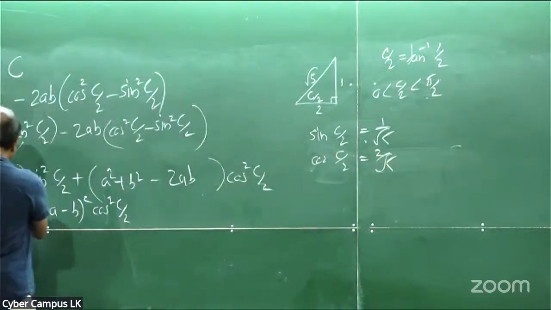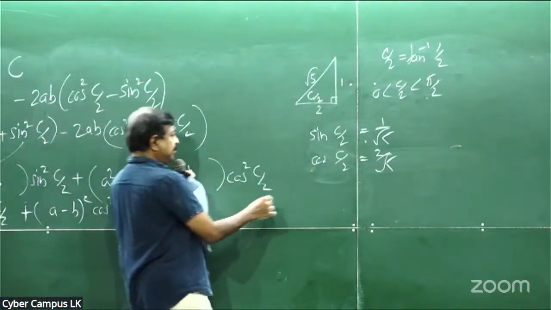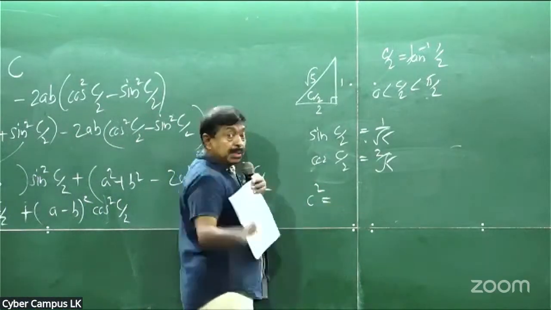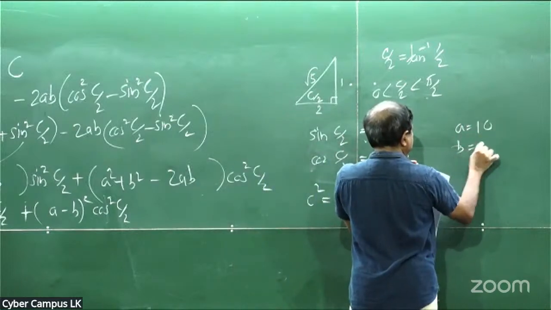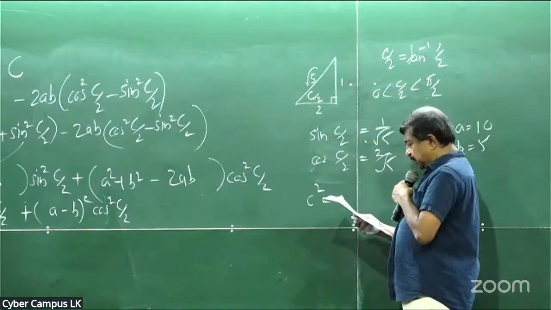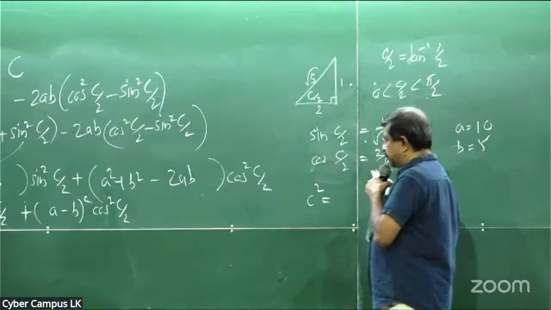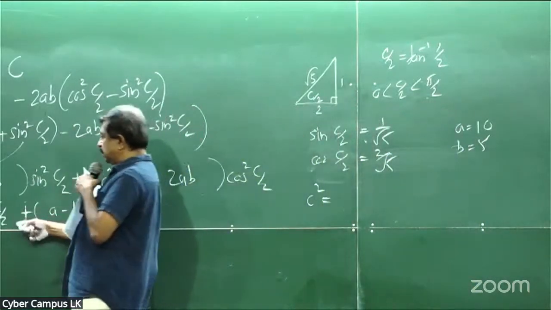Then we'll substitute those here. C squared is, A and B are given, A is 10, B is 5, yeah. So we'll use this.